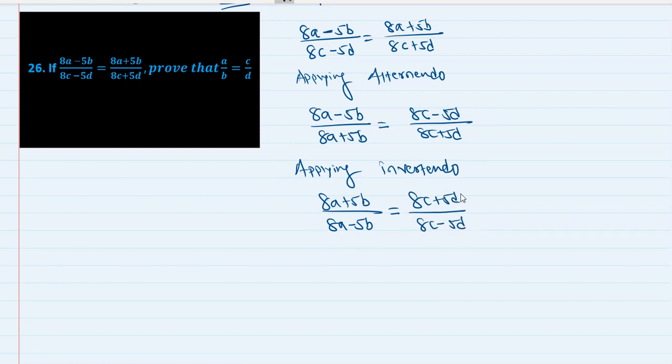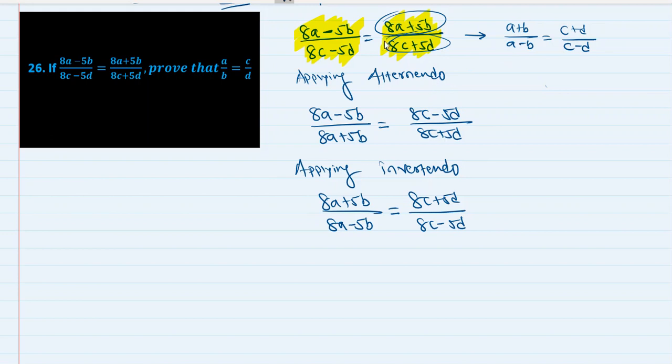Did you notice what I did? The original question which was given to me was not in the standard form of A plus B upon A minus B is equal to C plus D upon C minus D. The A plus B term was over here, the C plus D term was over here, so everything was haywire.